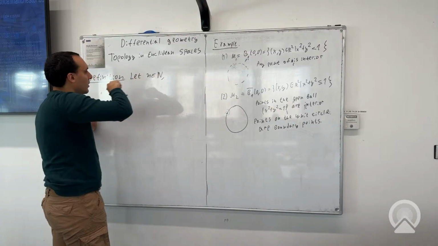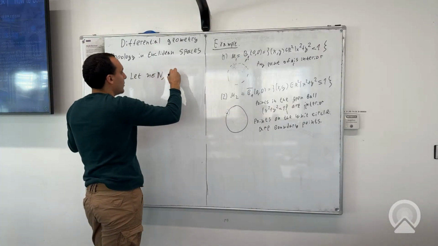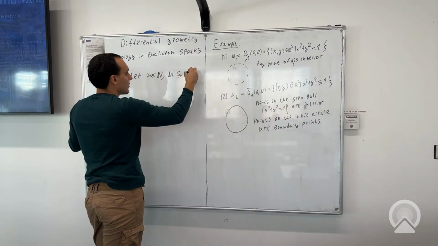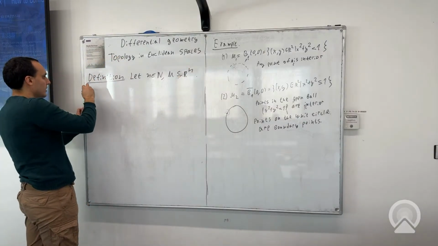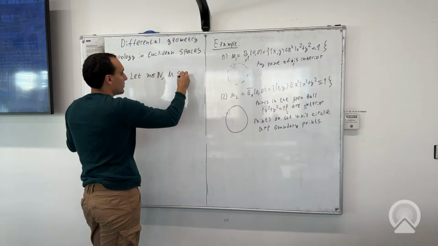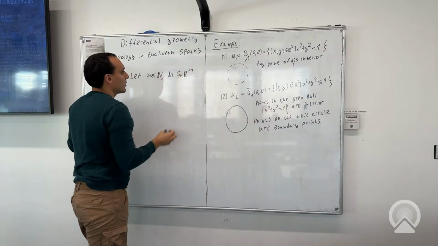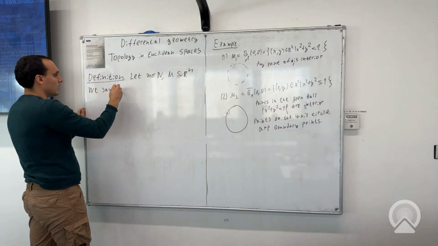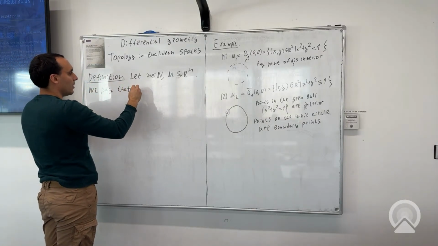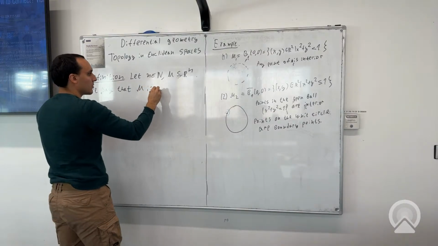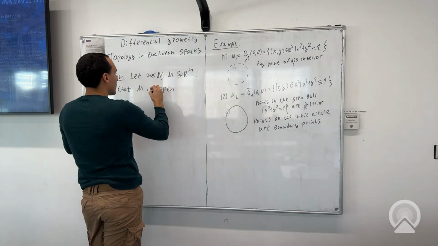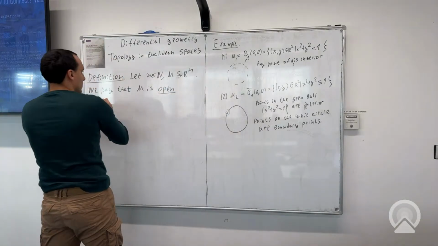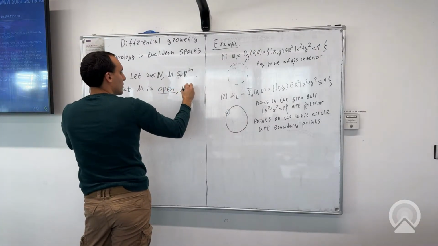Anyway, a subset is a subset of Rn. We say that M is open, and write it like here.